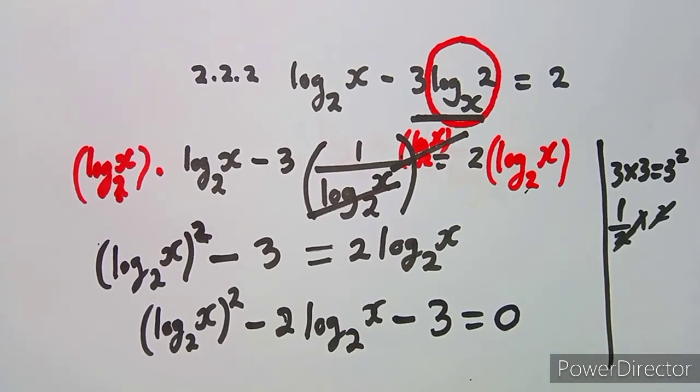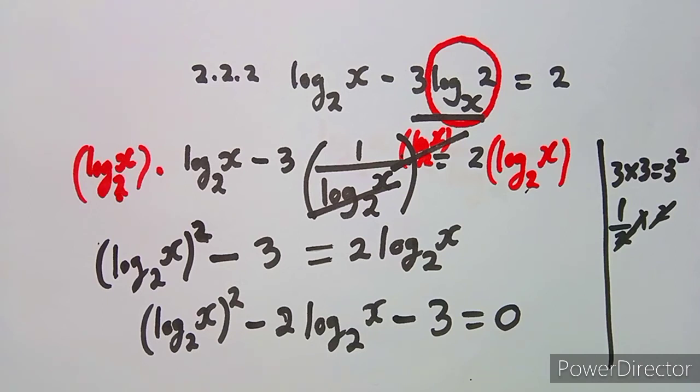But now the question is, how are we going to solve this type of an equation? Yes, these two are the same, log x base 2, log x base 2. All right, so this is the consideration. You can actually choose to work this as it is in log form, factorize in a log form, but it's going to be a risky question if you do not understand the basic concept of factorization.